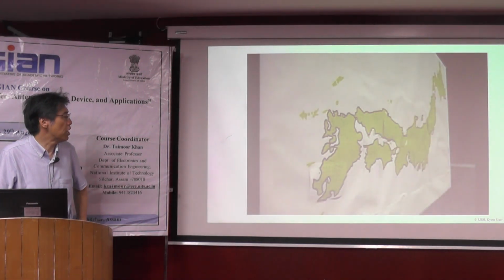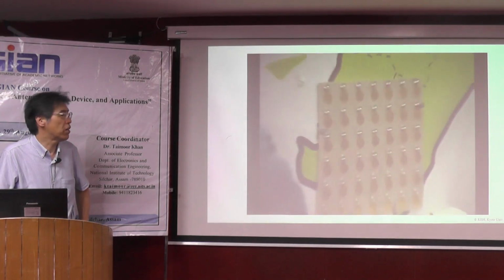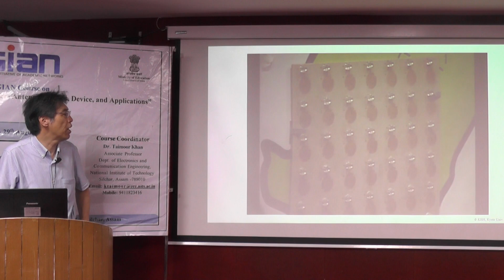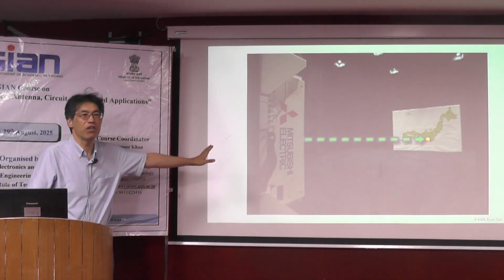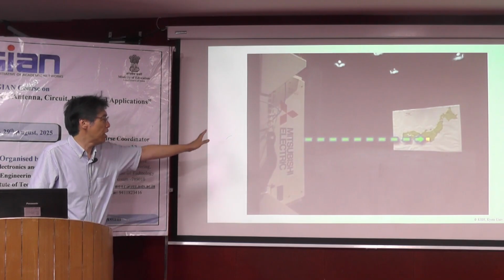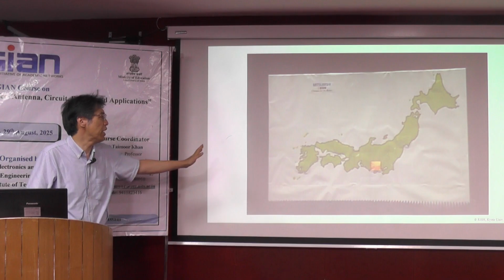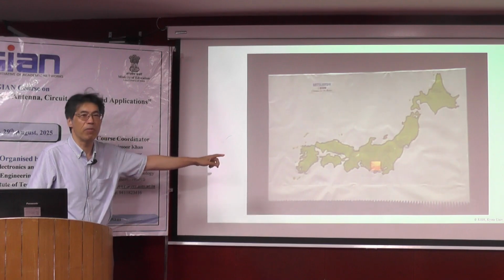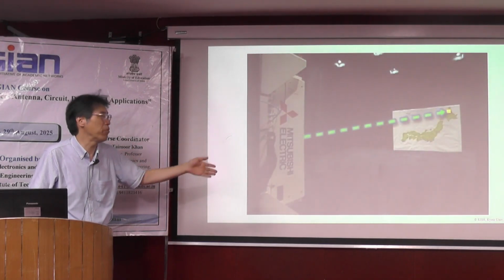So this is one example movie of a phased array antenna in Japan. We developed the phased array antenna in 2010, about 15 years ago. This is a transmitting antenna, and here you can see there is no movement in the antenna. And now at the receiver on the Japanese map, please believe me, here is a microwave beam.